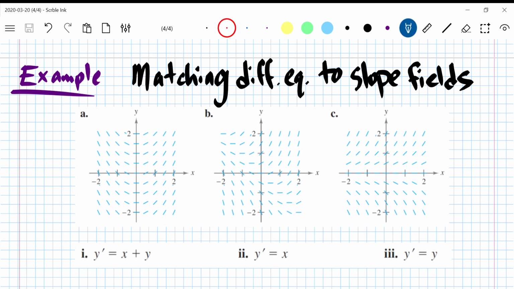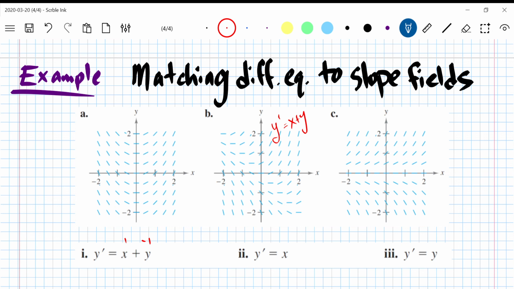Okay, so 1, -1. If I plug in 1 plus -1, I should get an answer of 0. And the middle graph had a slope of 0 at 1, -1. And that tells me this differential equation is y prime equals x plus y. Okay, so next one, y prime equals x.